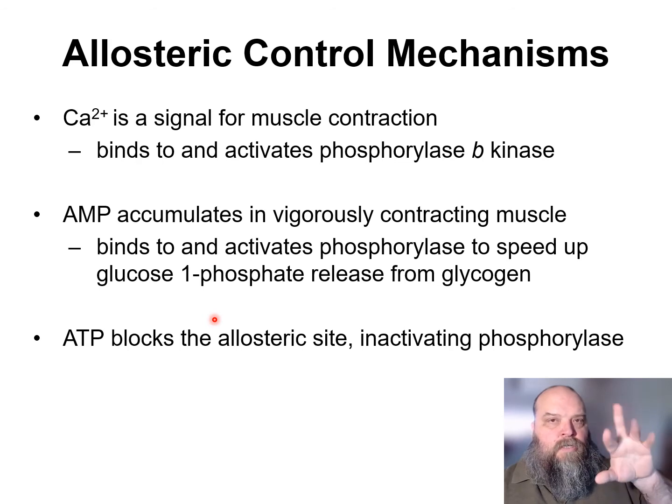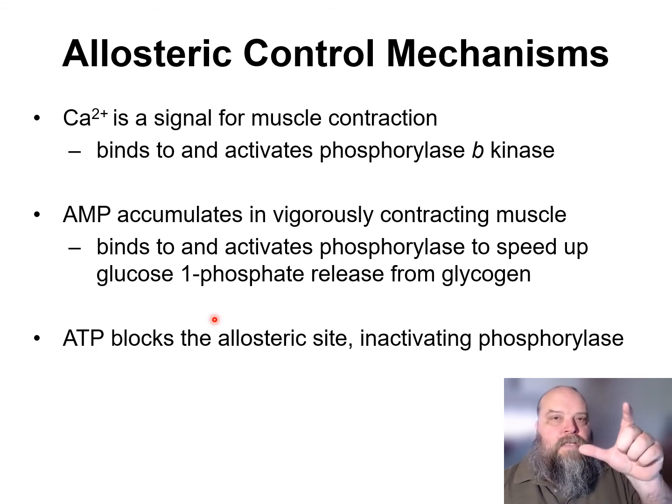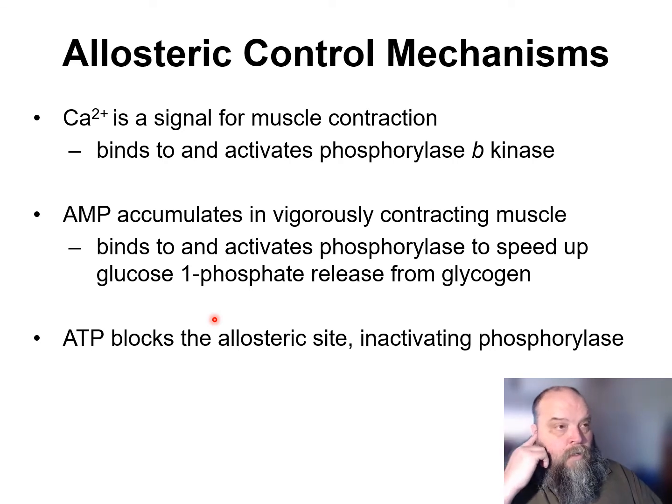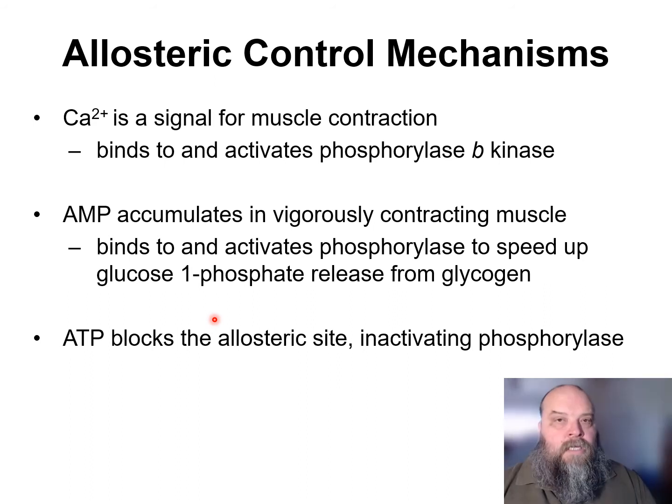We see the depolarization and then the triggering of the release of calcium from the sarcoplasmic reticulum, which causes the myosin and everything to muscle contraction. Well, to keep doing that muscle contraction, you're going to need energy. Going to need more liberated glucose from the muscle glycogen stores.